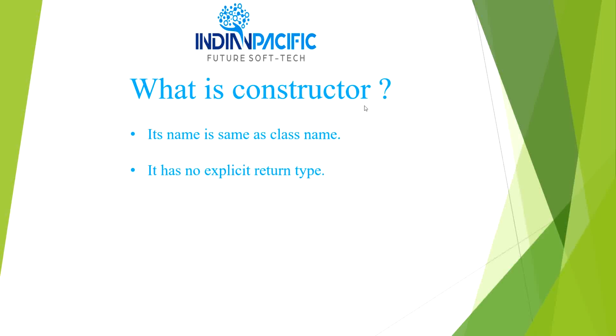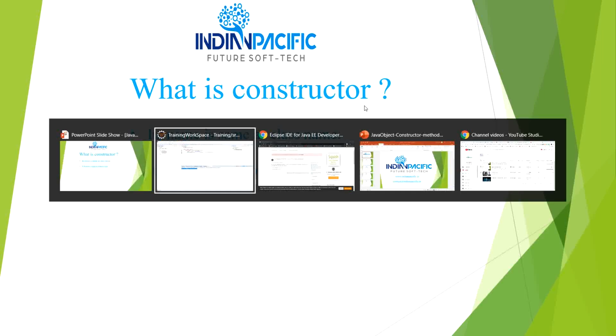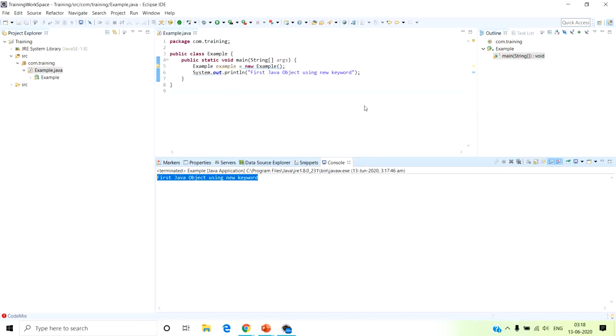Actually the constructor is returning the current class object, but we cannot use it. So what is the constructor? Its name is the same as the class name and it has no explicit return type. Now let's move to our training workspace of Eclipse.